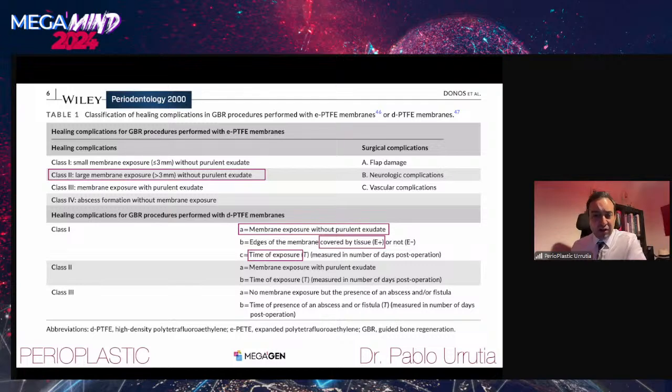Another good prognosis with this complication is that the edge of the membrane is covered by tissue. So the handling of the tissue has a good prognosis. And the time is more than 3 months. For me, 3 months means we have some baby bone, or bone on the road, so we can maintain some bone in that exposure.